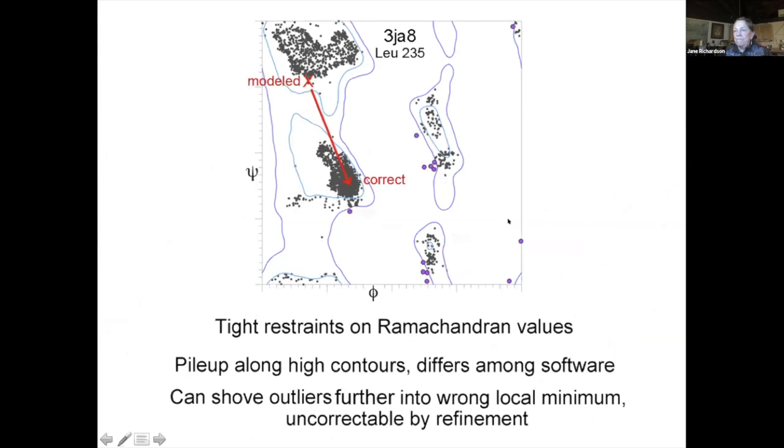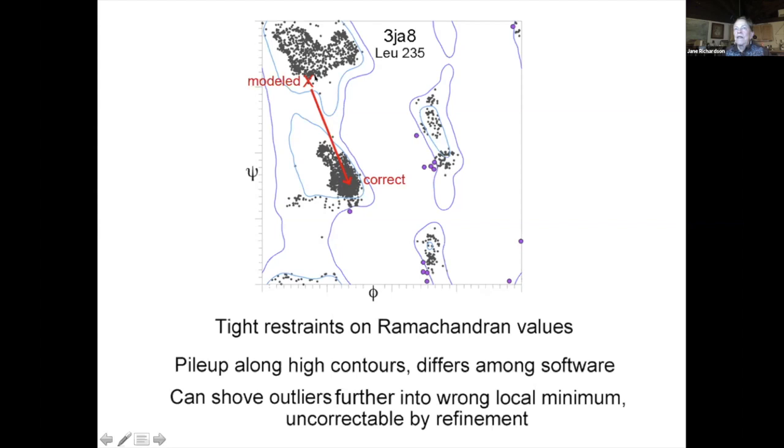So what's going on? In fact, presumably, originally this structure had lots of outliers. And when you have an outlier sort of in the middle of space, you don't really know which place in the Ramachandran plot it belongs. And it's even worse than that, because if you get a peptide turned around backwards, you will always be in the wrong part of the Ramachandran plot, because you're moving one of the Ramachandran angles by about 180 degrees, and that's going to take you to the wrong minimum.